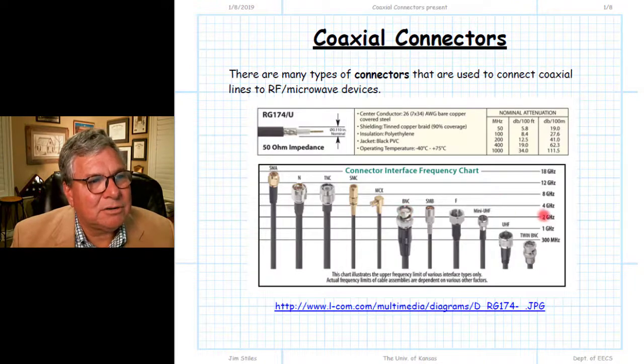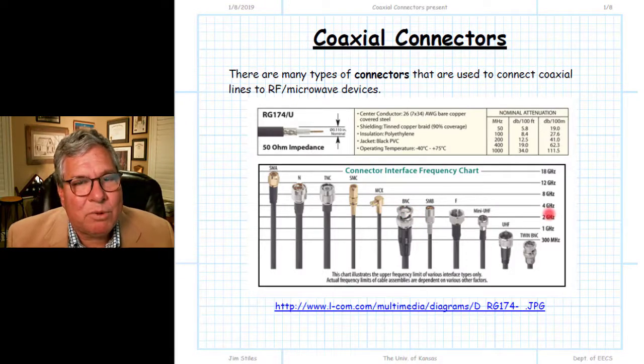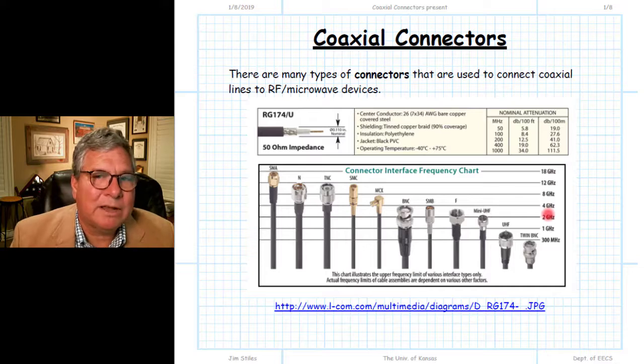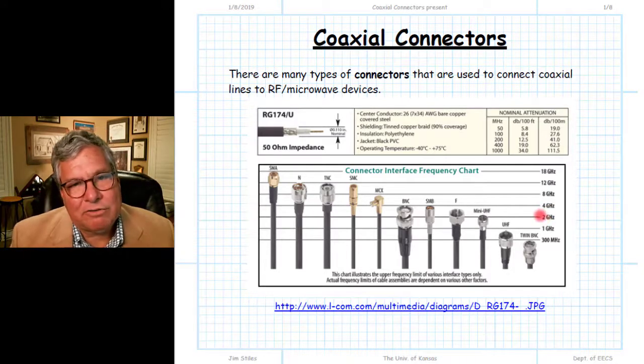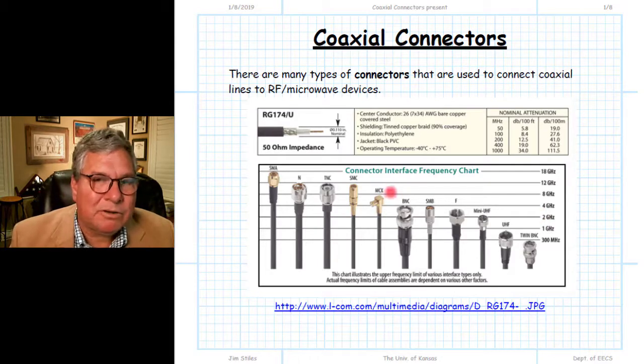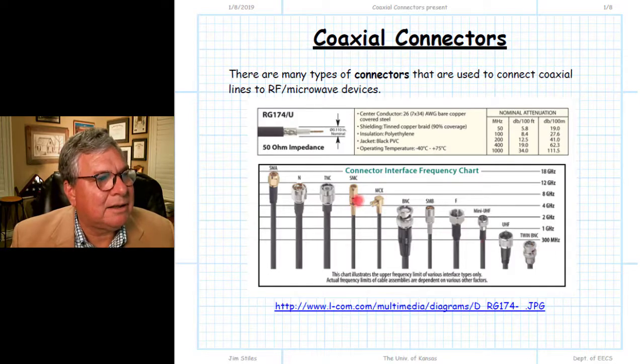This chart shows 4 gigahertz for the upper end, but it's not like if you use a BNC that it will work wonderfully at 3.9, but if you go to 4.1 gigahertz, then it won't work at all. Again, there's a gradual degradation. So where you define the cutoff frequency depends on your purposes and what you're trying to achieve. But this does give you some idea of the performance as a function of frequency for these different connectors.